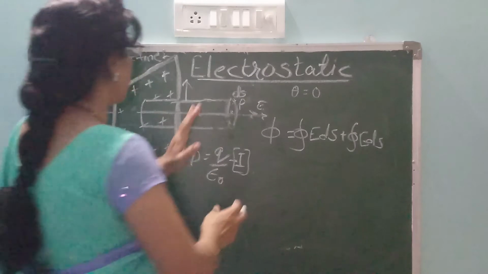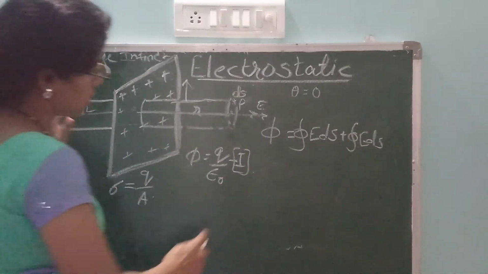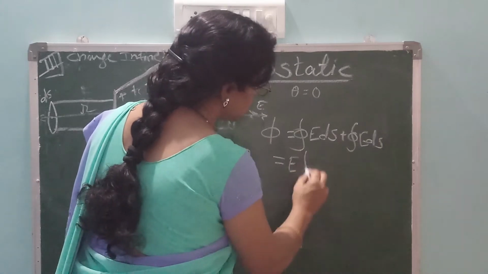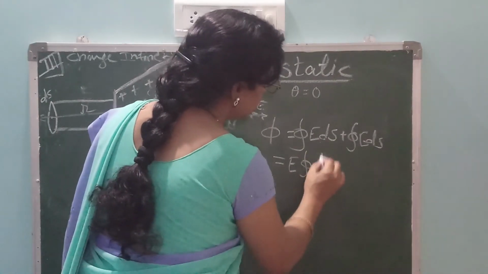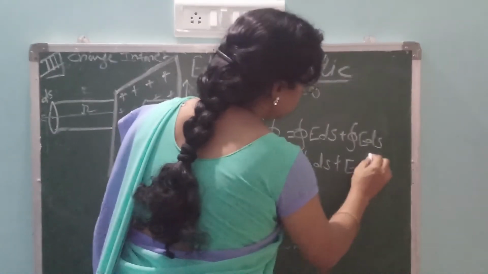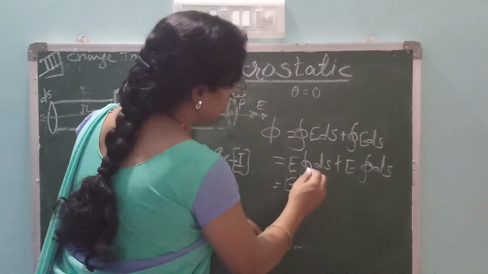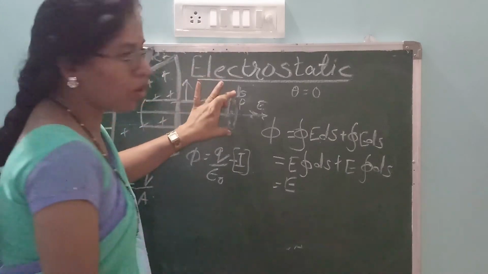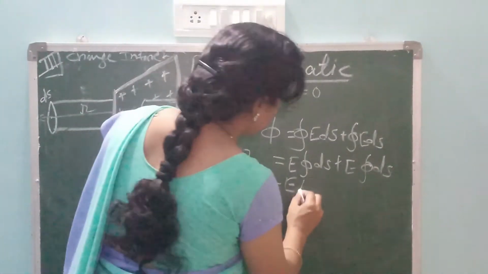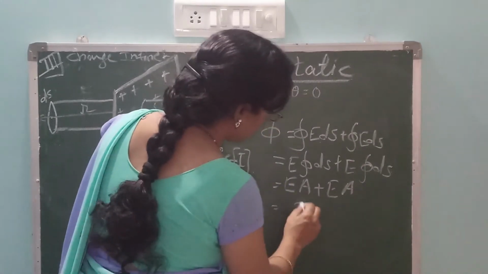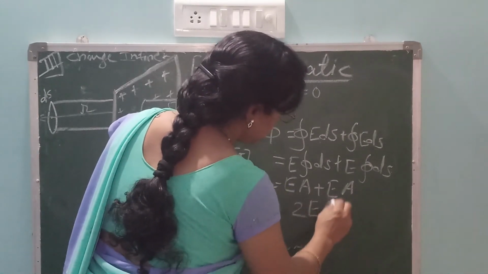So we only have the first surface and the second surface. Here E is constant, so we have E times the integration of ds plus E times the integration of ds. The integration of ds is the area of cross section A, so we have EA plus EA, which gives twice EA.